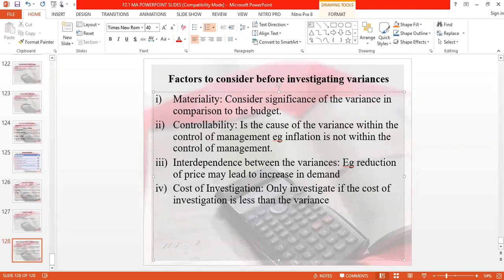For example, if you find that the variance is 1 million, and in order to investigate the variance you will pay some auditor 2 million, you don't need to investigate, because you'll be spending more on investigation than the variance itself.